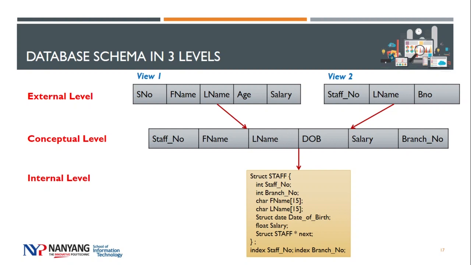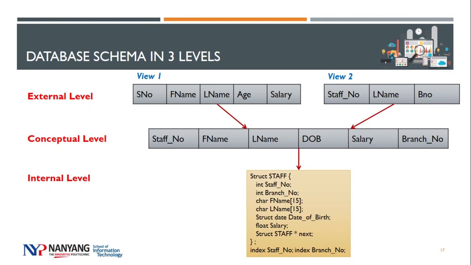In this merging process, the major difference is that each view has been changed to a date of birth view, DOB. So the DBMS maintains the external and conceptual mapping. For example, it maps the staff number, or S number, view of the first external view to the staff number view of the conceptual record.